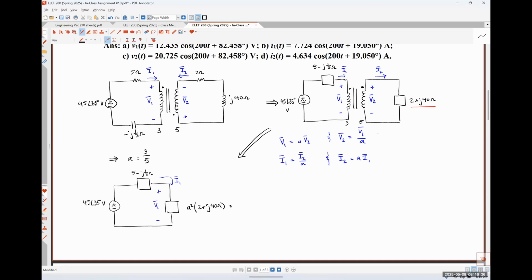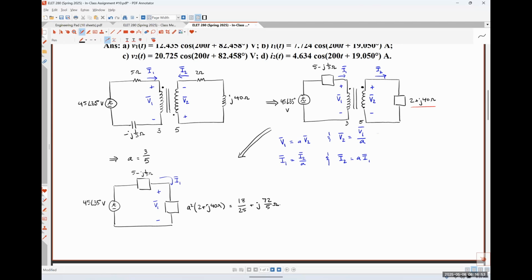And when I put that in rectangular form, I wind up getting 18 over 25 plus J 72 over 5 ohms. So are we all okay with that?